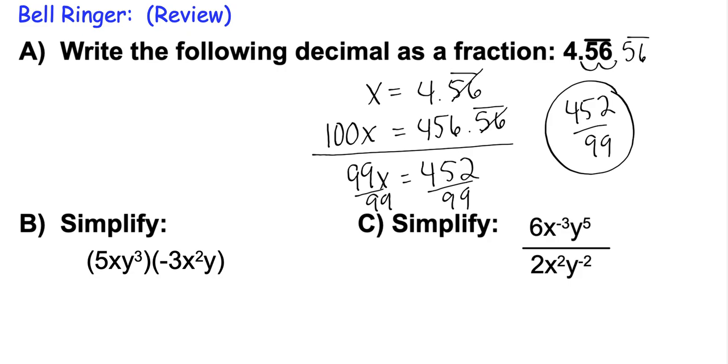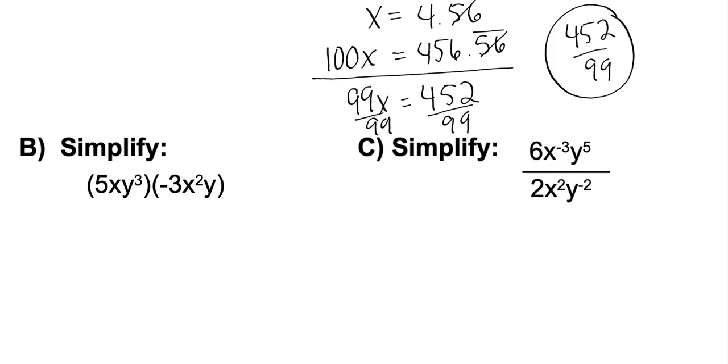For simplifying on B and C, we got to remember our exponent properties. If you see regular numbers that are not exponents, we're just going to use them like regular numbers. If you didn't have these exponents here, it would just be a 5 times a negative 3, which would be super easy. Okay? But we got the exponents there that complicates it a little bit. So let's do the nice numbers first. 5 times negative 3 is negative 15.